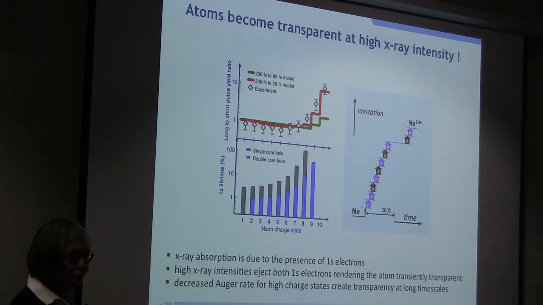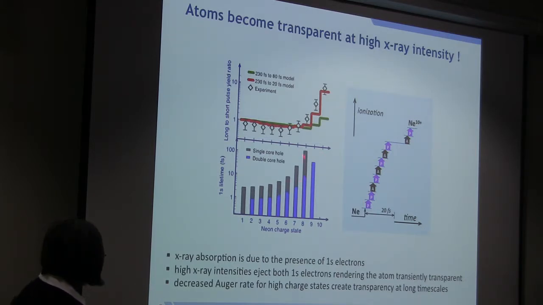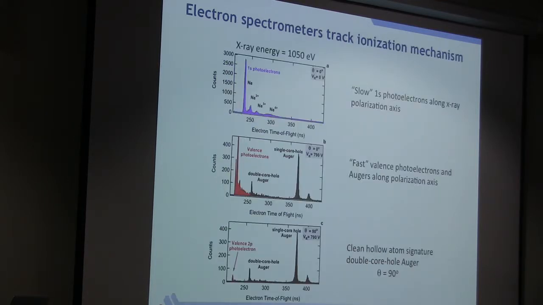So now you can see why changing the pulse duration between 80 and 300 makes a difference. It takes a long time for those Auger electrons to fill back into any type of hole, such that you can continue on with your recycling process.